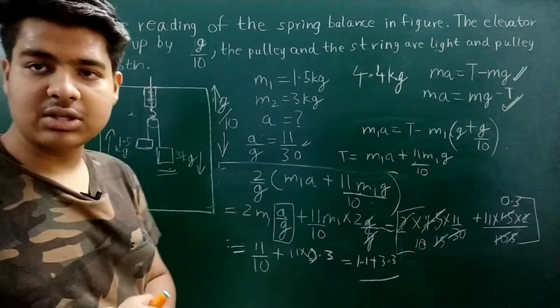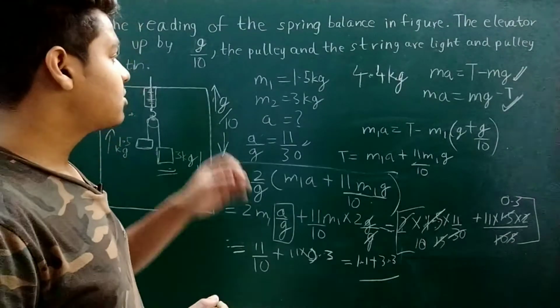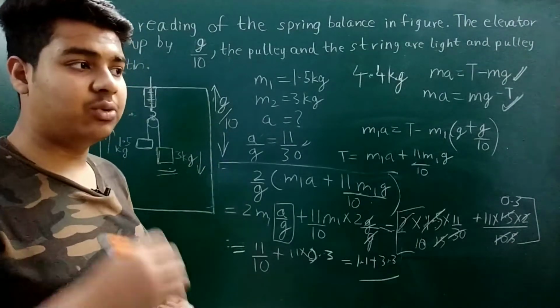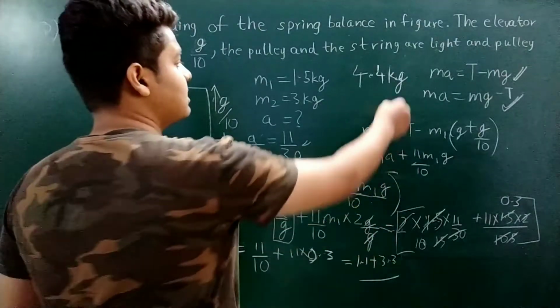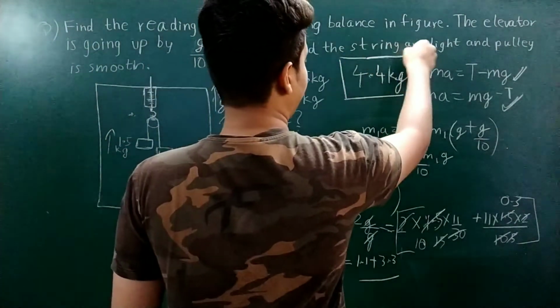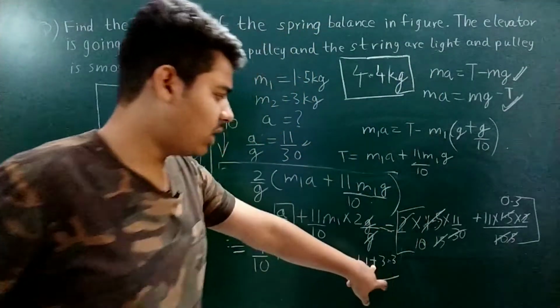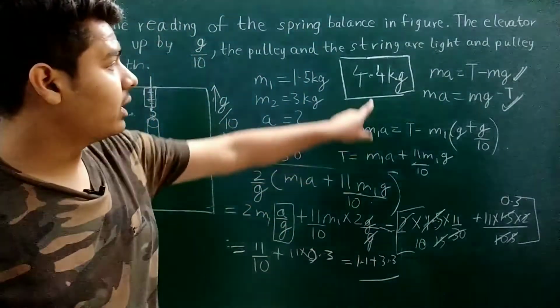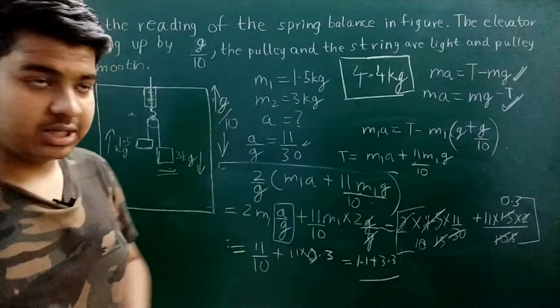So A and G, the units are same, they get cancelled out. The only remaining unit is mass, that is kg. So our final answer is 4.4 kg. After adding 1.1 and 3.3, we get the answer as 4.4 kg.